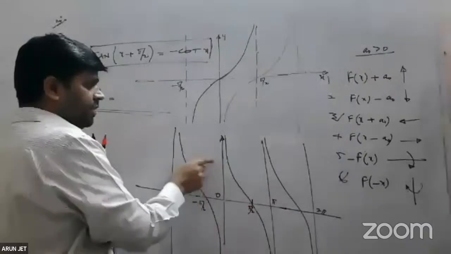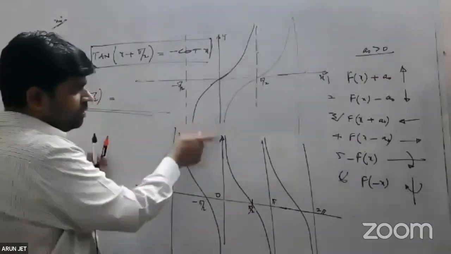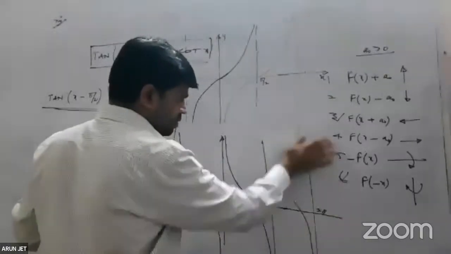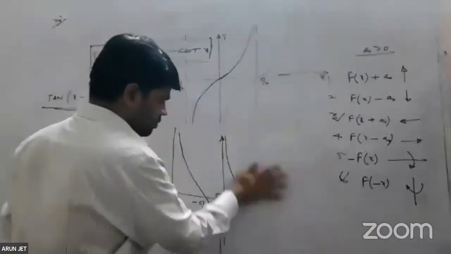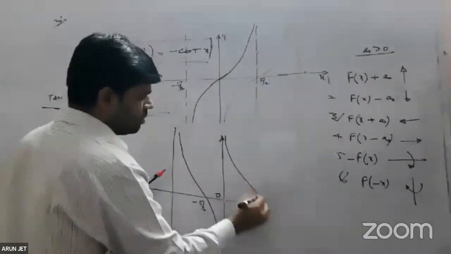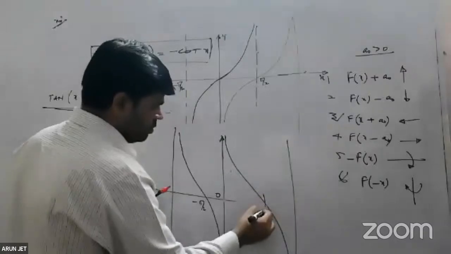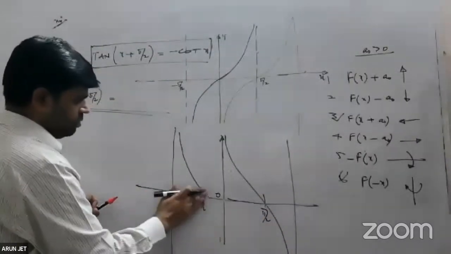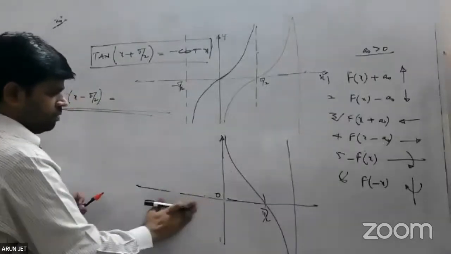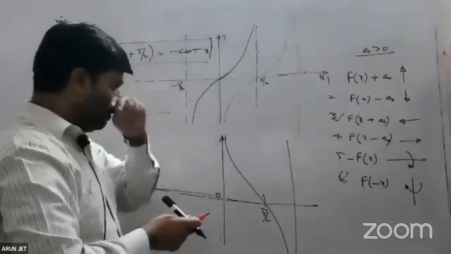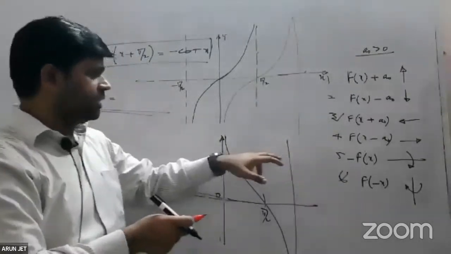So I get this red curve. Now what is this red curve? It is the inverse of this one. Now look at this, this is nothing but the inverse of this one. What inverse? Reflection about the x-axis.